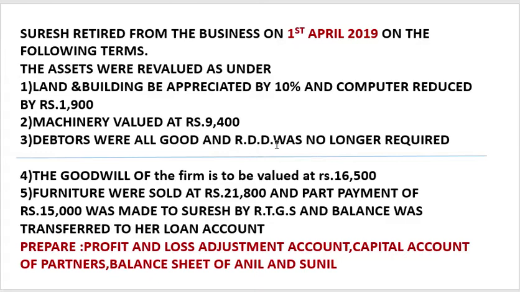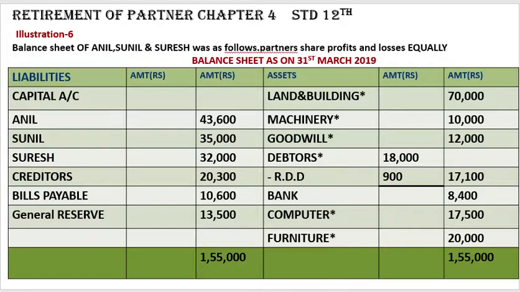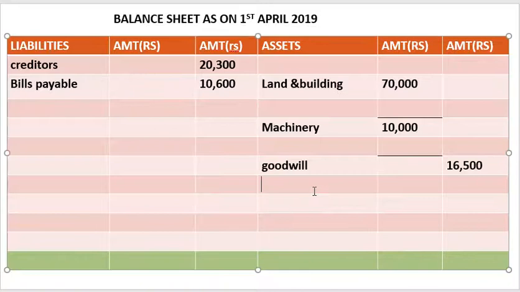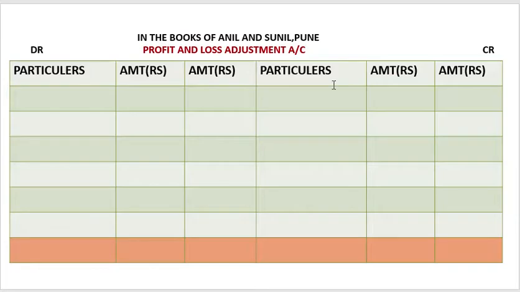Debtors were all good and RDD is no longer required. So these debtors will go in the asset side, and we'll write the whole amount of debtors, 18,000, and no RDD is there. It means we will be writing it at the credit side by RDD, 900.